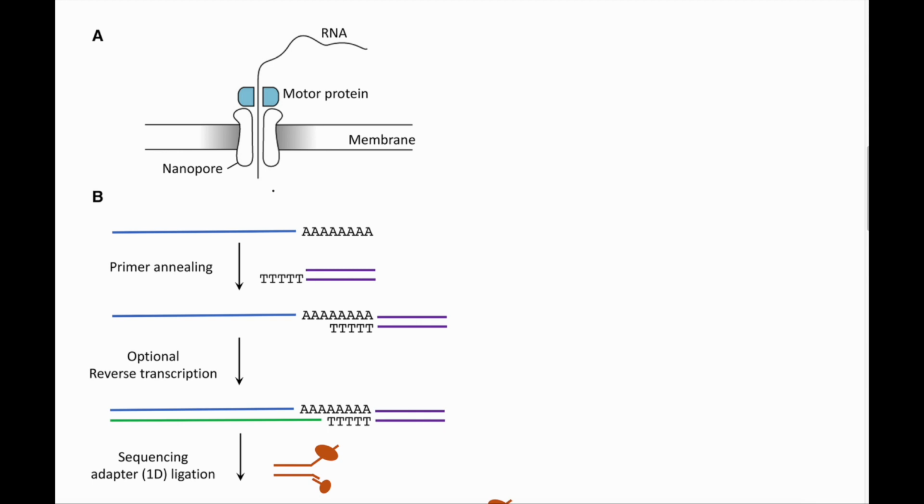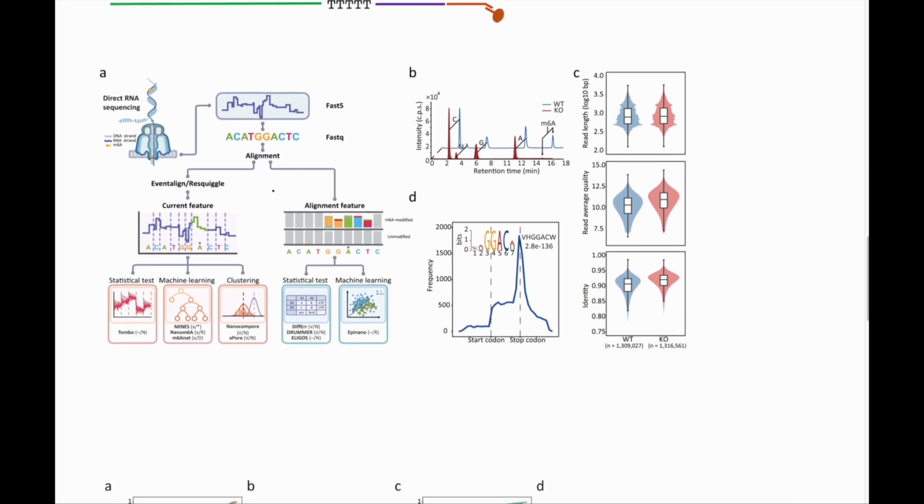These electrical currents can be utilized in two different ways in order to detect these m6A modifications. The first strategy essentially breaks up the electrical current signal itself into different events, as shown here, corresponding to different bases. And these events are then directly analyzed.